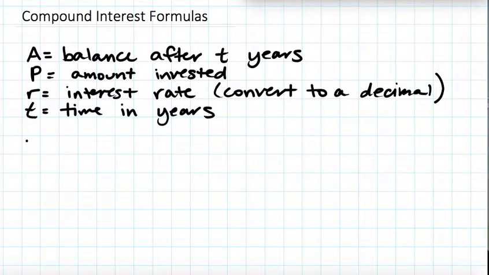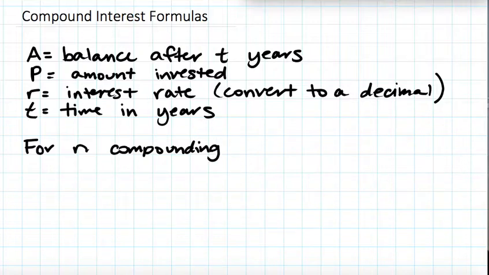So we have two formulas we're going to look at here. The first one is going to be for N compoundings per year. And what that means is that when you're compounding, you're basically putting interest that has accumulated on the account back into the account as principal, and so your interest becomes principal that is then earning more interest later on.